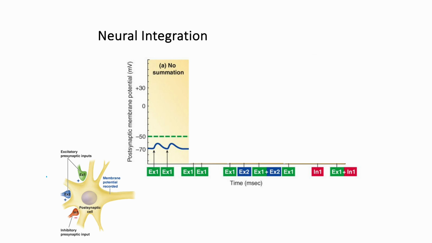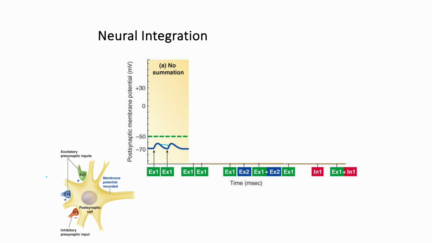In this first scenario here, let's say that excitatory input 1 fires, right? And we can see that up here. So it fires, and then a small amount of time passes, and then it fires again. Well, enough time has passed in between here that we return to resting membrane potential.